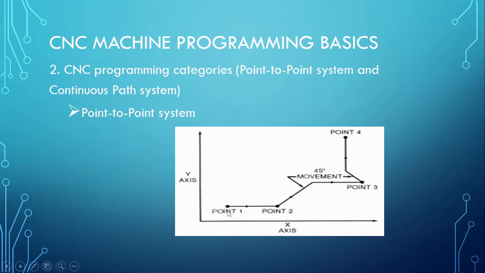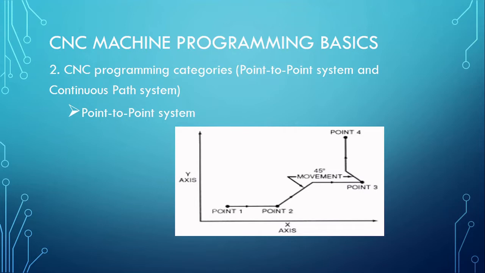So the tool on the machine tool has to move from one coordinate to the next, from point 2 to point 3, from point 3 to point 4. In this case, it's similar to where you are working on a drilling machine or a milling machine, whereby you need to mill a hole or drill a hole or mill a particular profile at different coordinates on the workpiece.